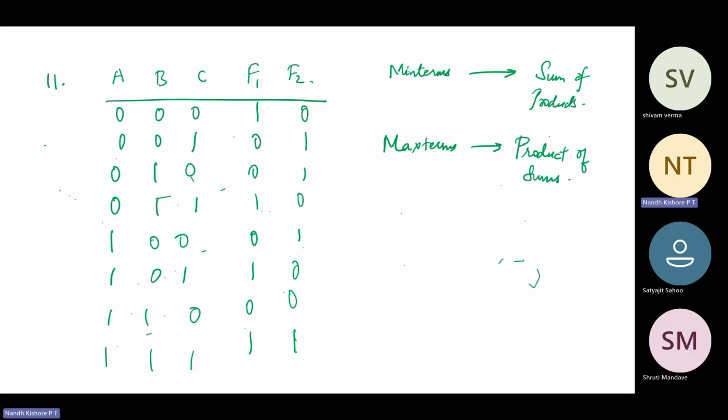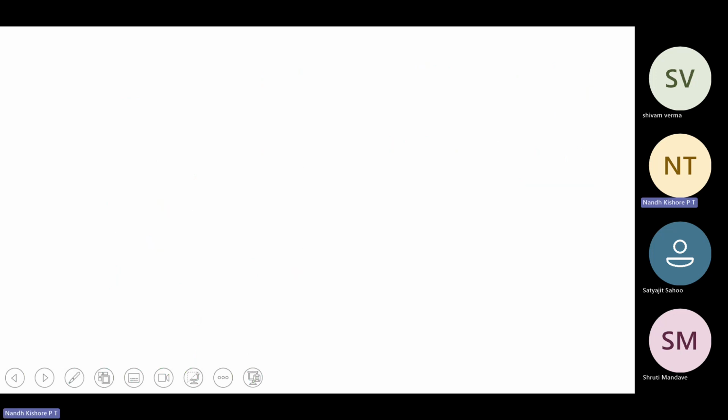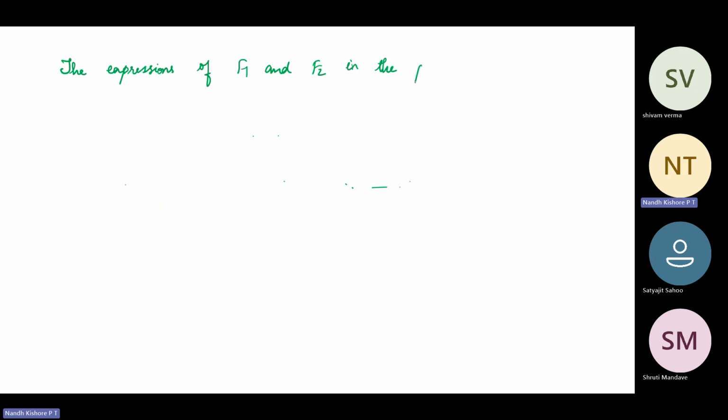So we have to write this question in terms of product of sums. Okay. So the question is, the expressions of F1 and F2 in the product of max terms.